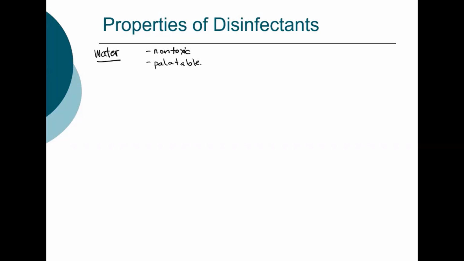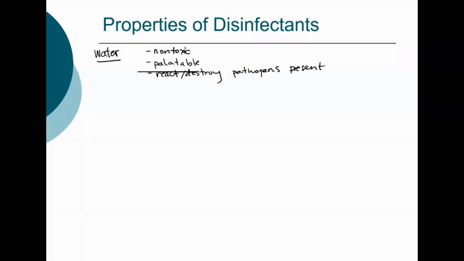Something that is readily reactive, exactly, okay? It has to react or destroy the pathogens that are present. As I mentioned, cryptosporidium is extremely resistant to chlorine. So if there's crypto in the source water, that's a problem.